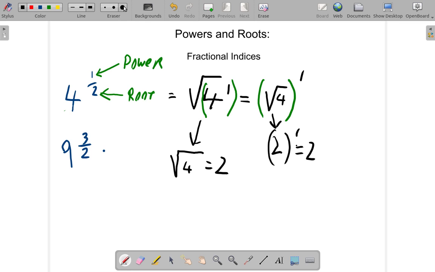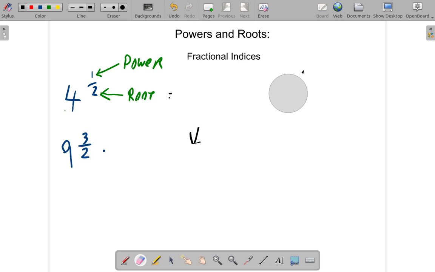Let's look at 9 to the power of 3 over 2. In other words, 9 to the power of 3 halves. Well, as you've seen a while ago, the 3 is the numerator, the top number. It shows you the power to which you must raise the number, and the denominator, the bottom number, is the root of the number that you must find.